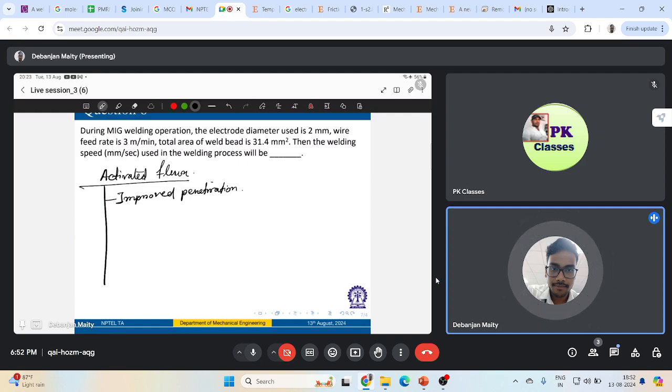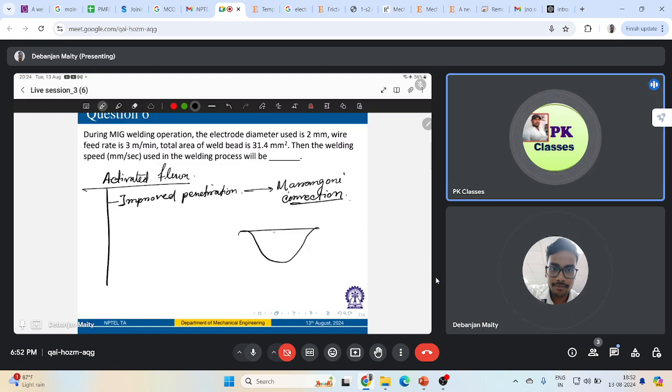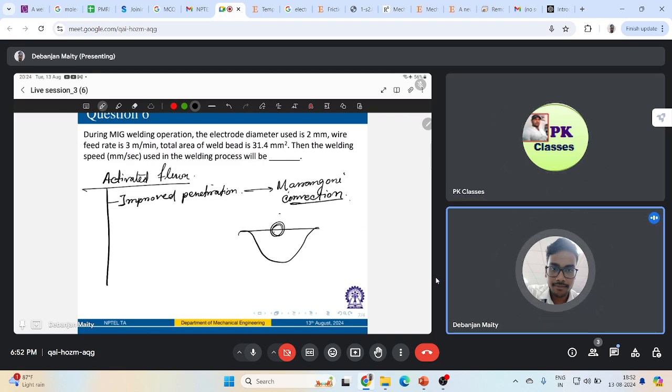So we know about Marangoni convection, right, which controls the weld pool flow because of some change in surface tension. If this is your weld bed, the temperature will be higher at the center.